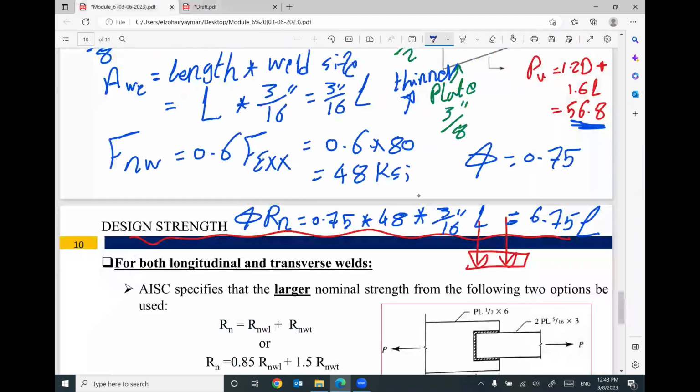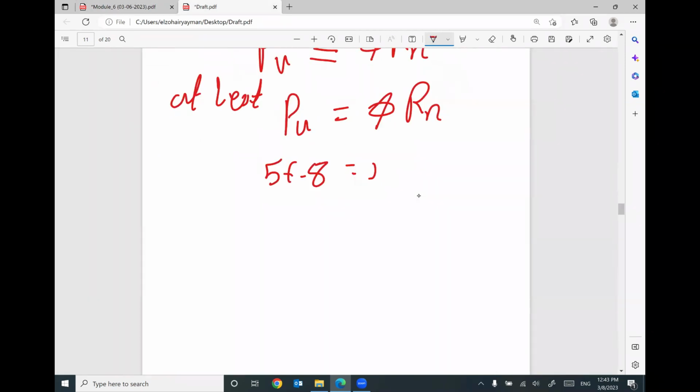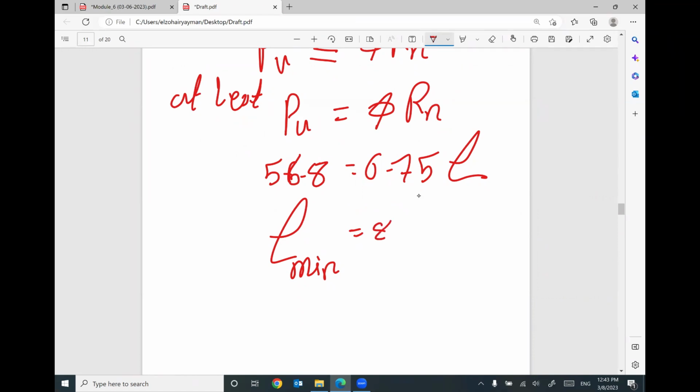Phi Rn as a function of L equals 6.75 L. Can you tell me the minimum length of weld? I can tell you. 8.4 inch.